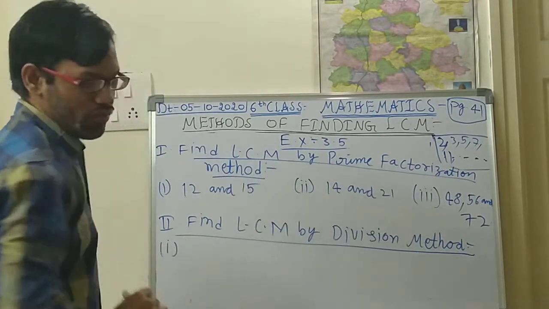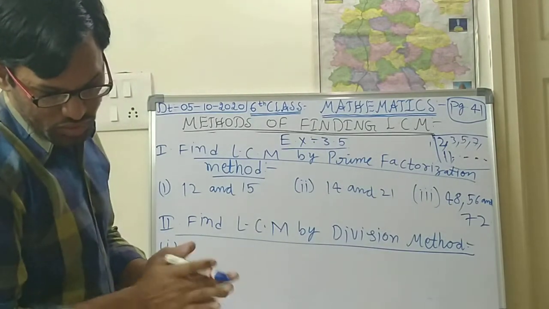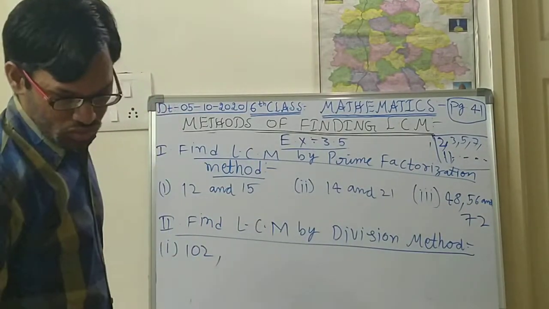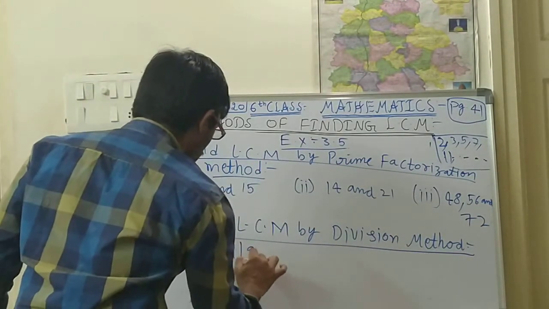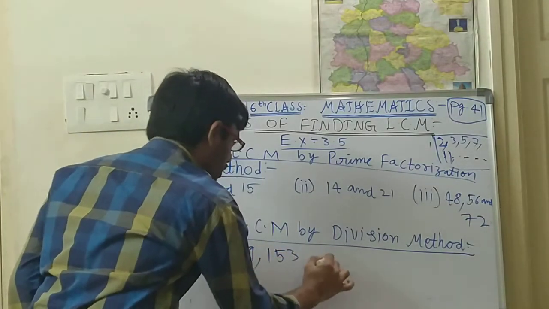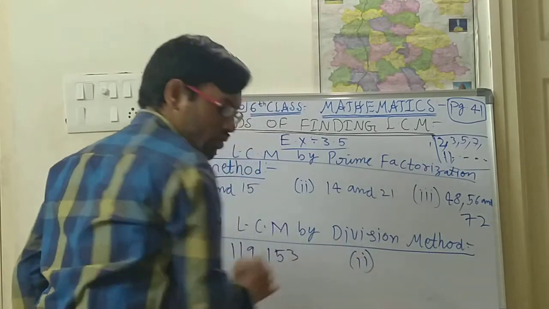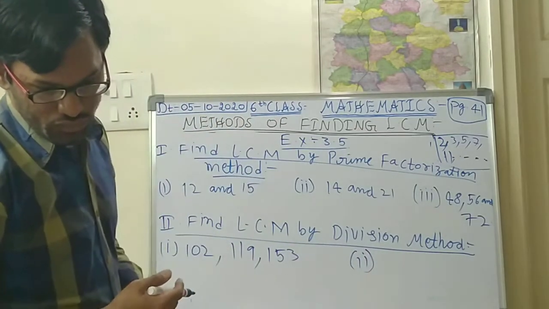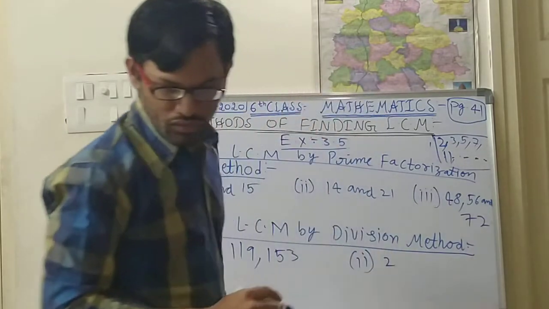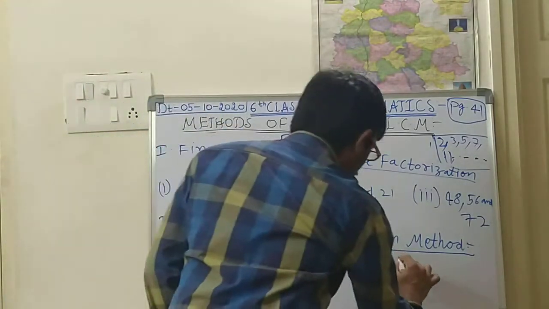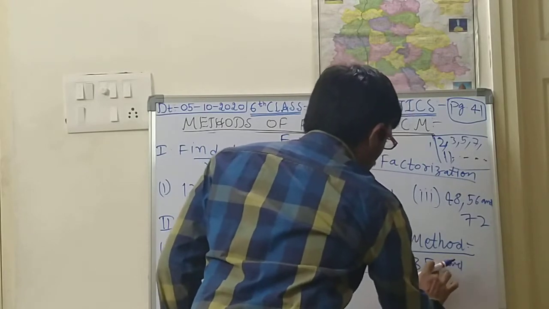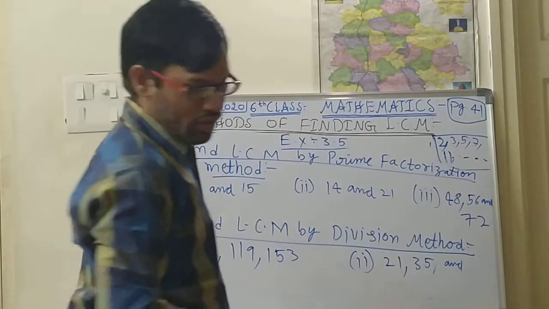So the first one is 102, 119 and 153. Second one, 21, 35 and 42.